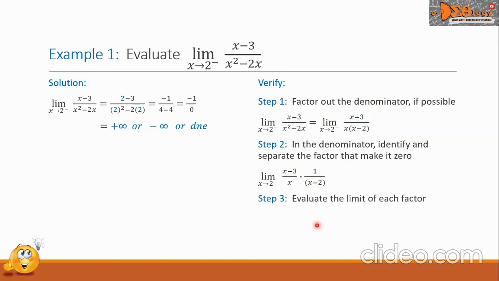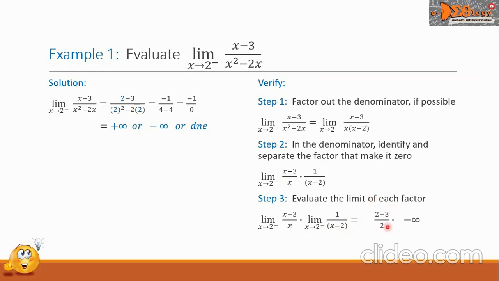Step 3, let us evaluate the limit of each factor. So we have now the limit of this factor times the limit of this factor. Evaluating our first limit here, we will have (2 - 3) over 2, times the limit of the second function. When x approaches 2 from the left side, our limit here comes to negative infinity.